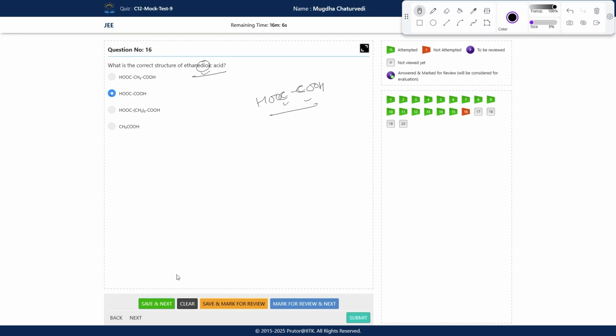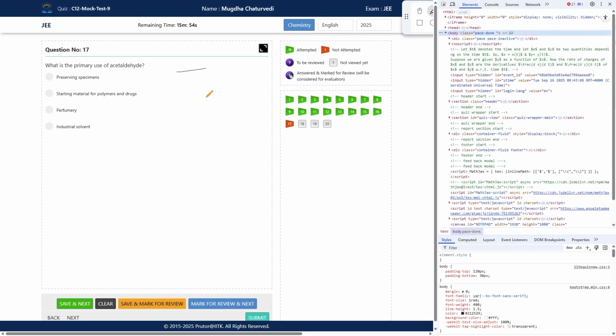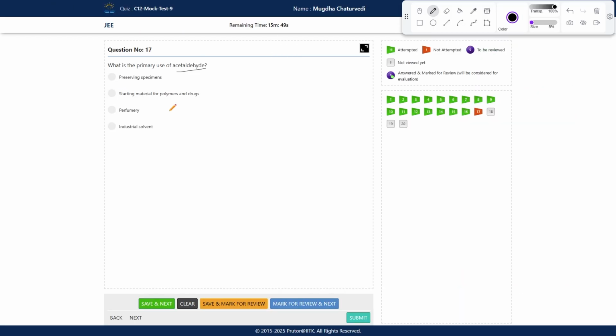Now let us move to the next question. It is asking, what is the primary use of acetaldehyde? The primary use is as starting material for polymers and drugs. Acetaldehyde is primarily used in the manufacturing of acetic acid, or I can say in the manufacture of polymers or drugs.